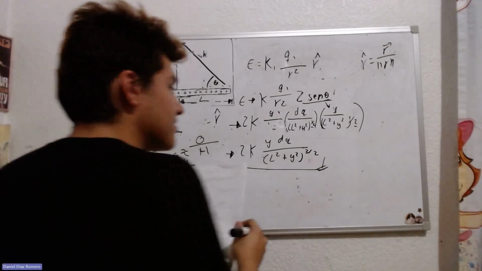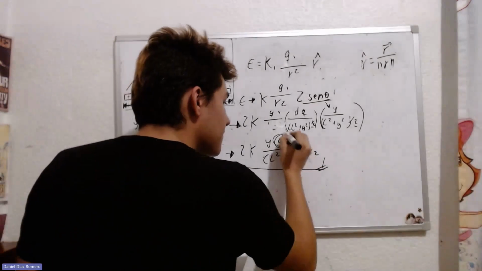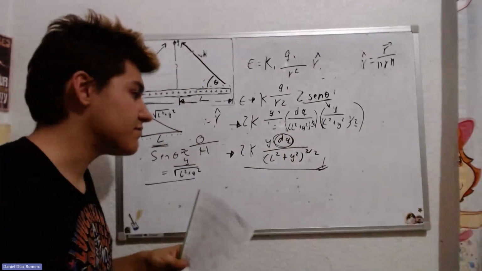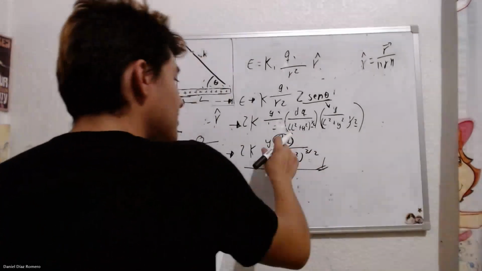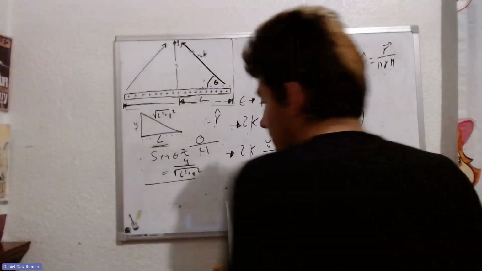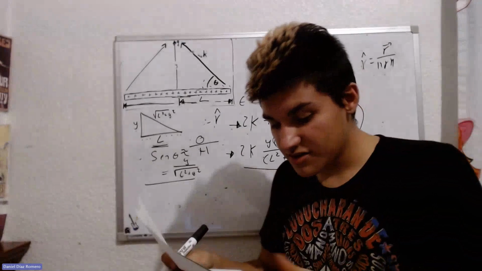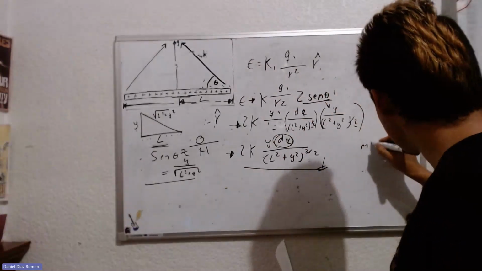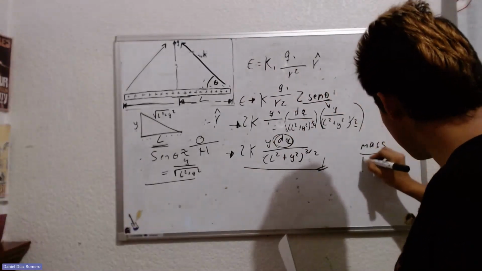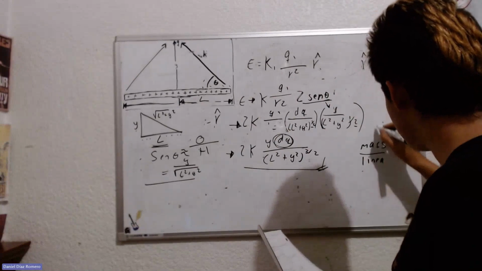One important thing, and here we're going to talk about theory a little bit more. We have dq over here, but we know because of linear density, which is mass over the length, this is linear density.